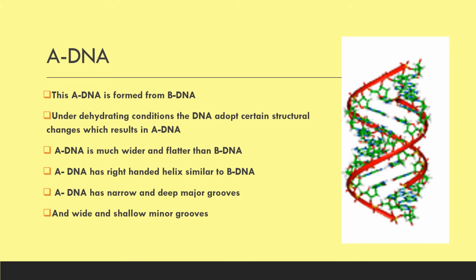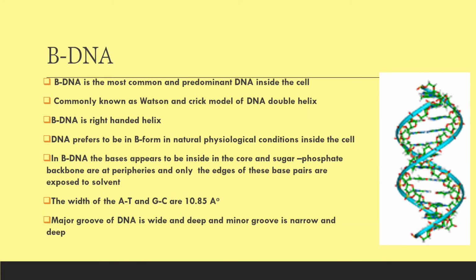Let's discuss some of the features of bDNA. You can see from the structure, this is the common or predominant DNA inside the cell. This is also known as the Watson and Crick model of the DNA double helix because it was discovered by Francis Crick and James Watson.